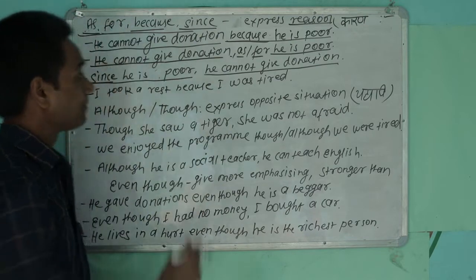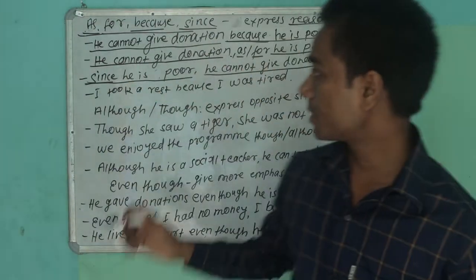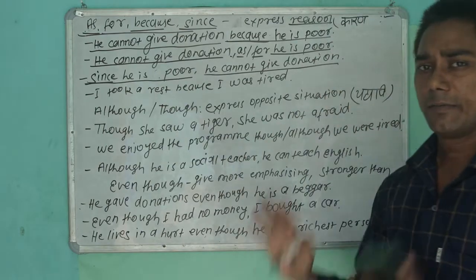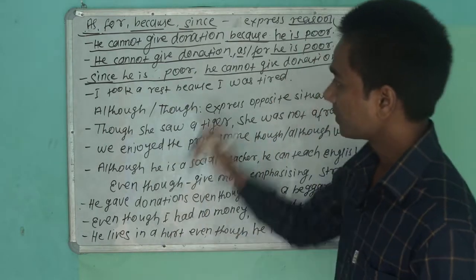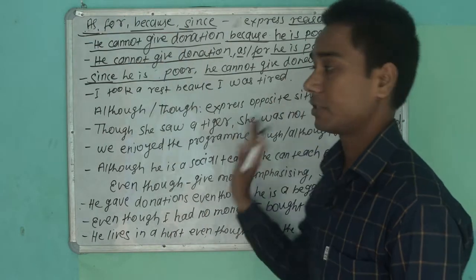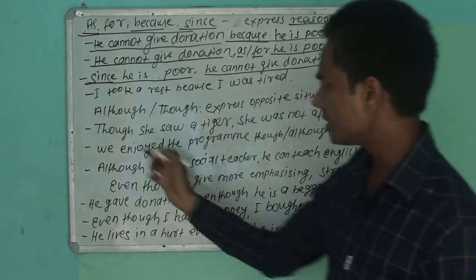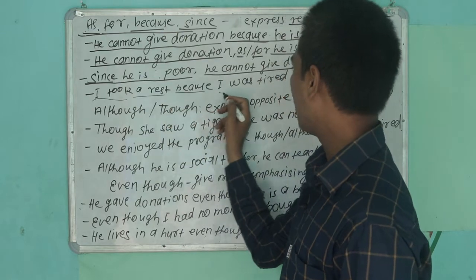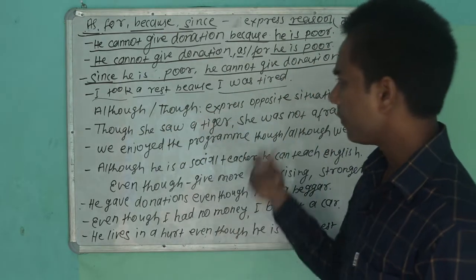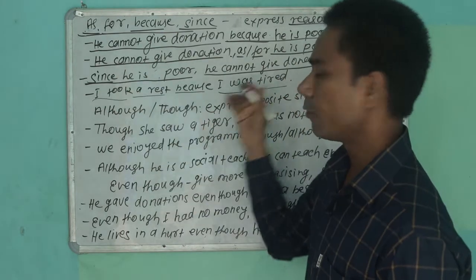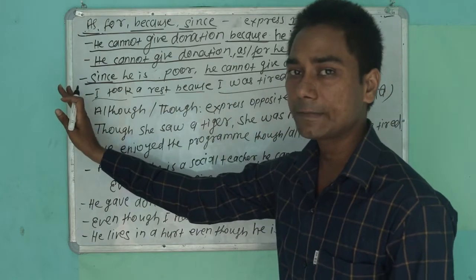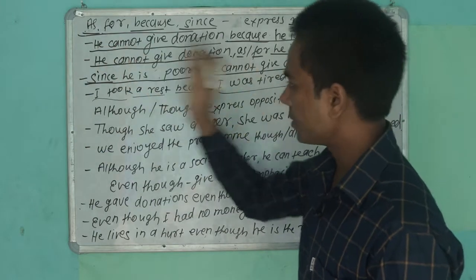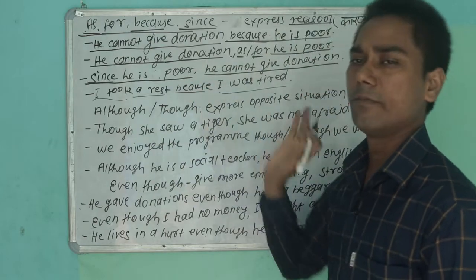Yeah, my dear student, while we use these words, they have same meaning, but only keep in your mind where we use these conjunctions. Okay. Next example. I took a rest because I was tired. If we use since, then we have to use since at the beginning. As for, we can use beginning also and in the middle also.